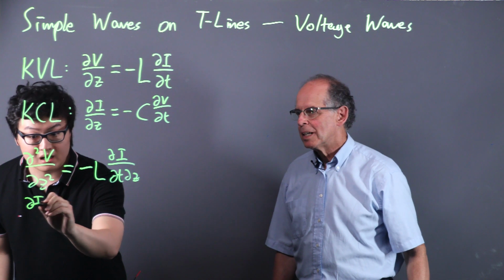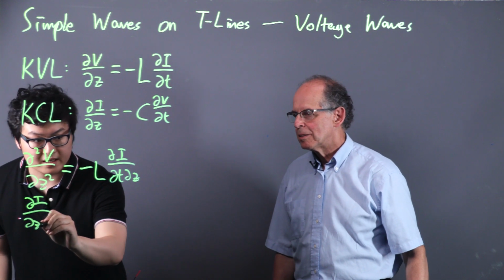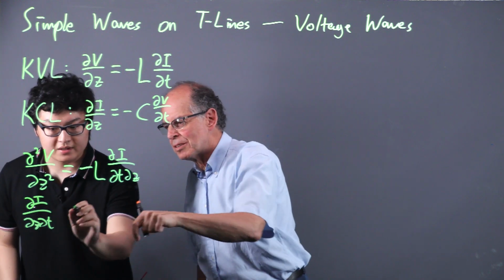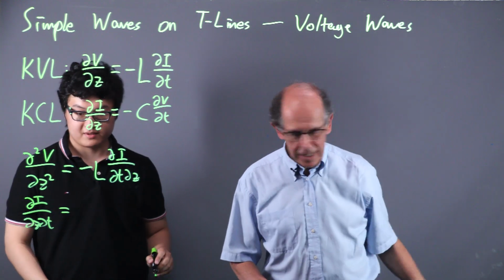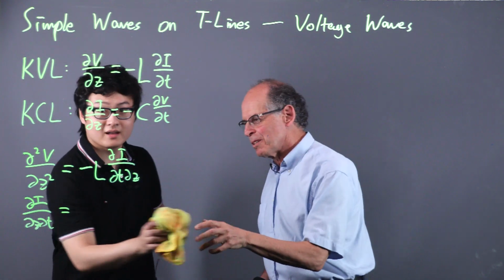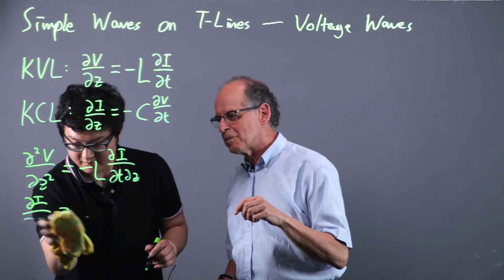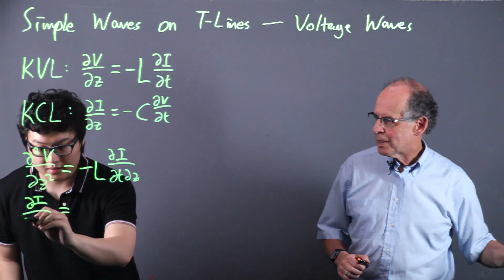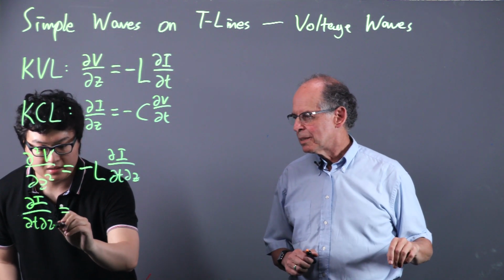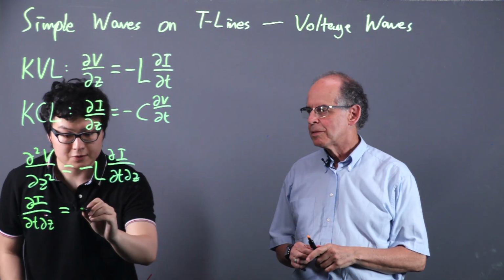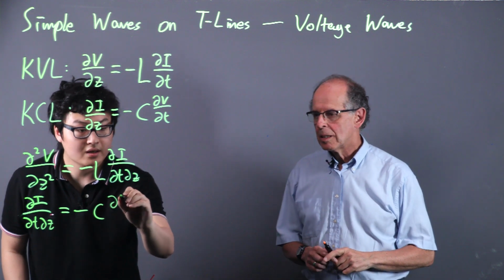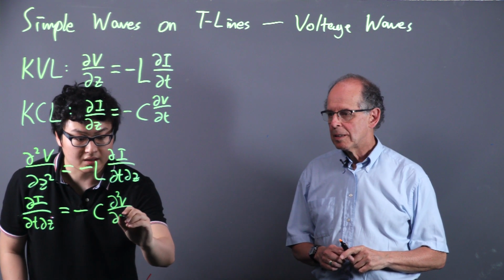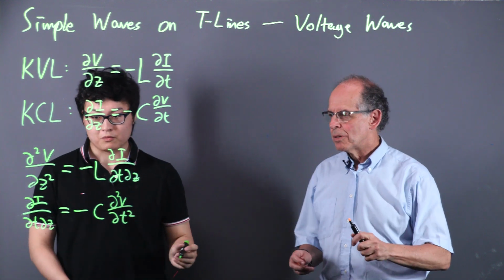So di dz dt. You're going to do dt first, right? Yeah, we thought we'd do dt first. Then we can eliminate right away. So di dt dz is equal to negative C d squared V dt squared. Wow, what a pattern.